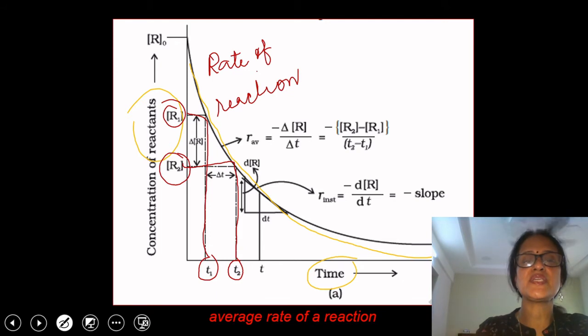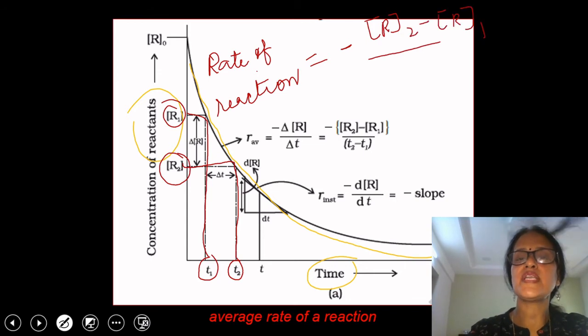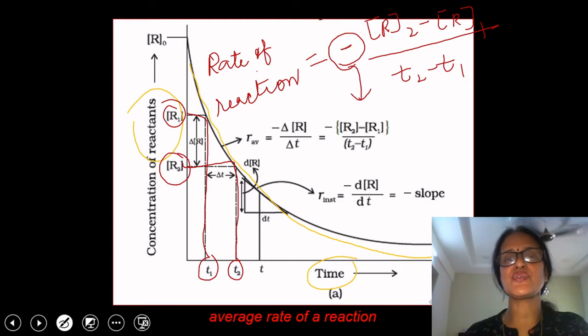So the rate of reaction in terms of concentration of reactants will be equal to R2 minus R1 divided by delta T, which will be equal to T2 minus T1. As I mentioned, whenever we are expressing rate of reaction in terms of concentration of reactants, you have to multiply this expression with a negative sign in order to get the overall term positive.